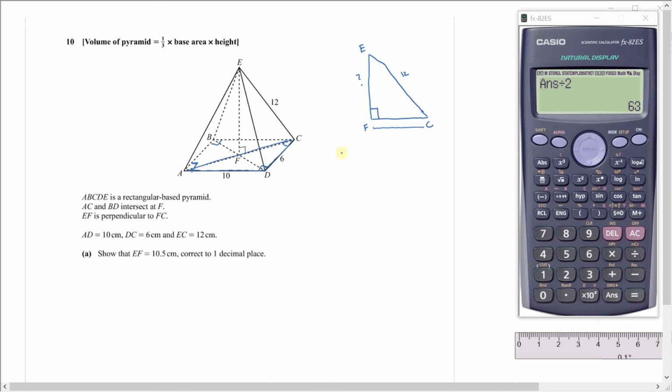So let me draw this triangle as well. So this is AC, this is 10, this is D, and this is 6. So this angle here is 90 degrees. So I can easily calculate this length AC using the Pythagoras theorem because I know this side is 10, this side is 6.